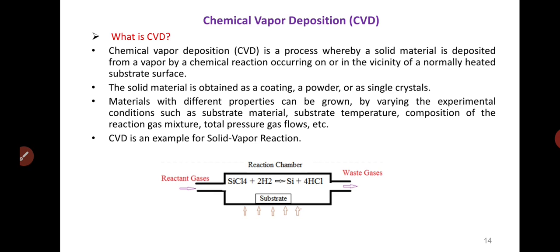Some compounds, such as gallium arsenide, can be grown with better purity and crystal perfection by vapor phase epitaxy. These techniques offer great flexibility in fabrication of devices.